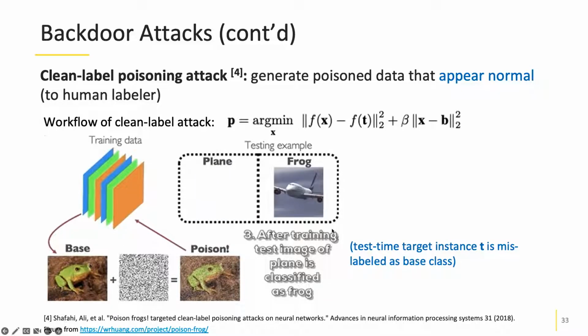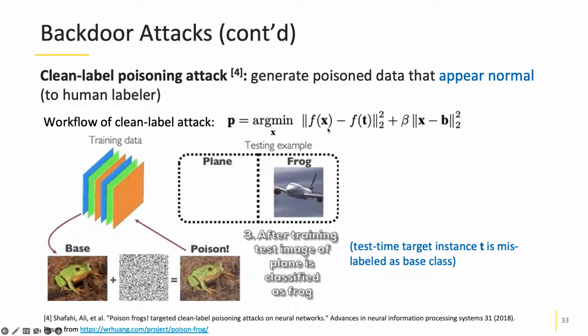And after training the model on the poisoned instance, at test time, the image of the plane, for example, which is chosen as a target instance, will be misclassified as the base class, which is frog.